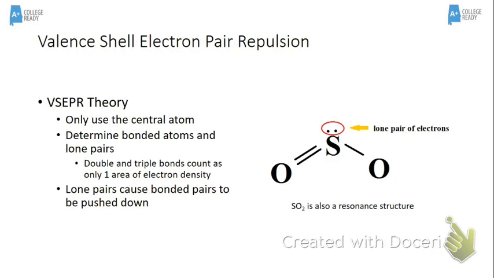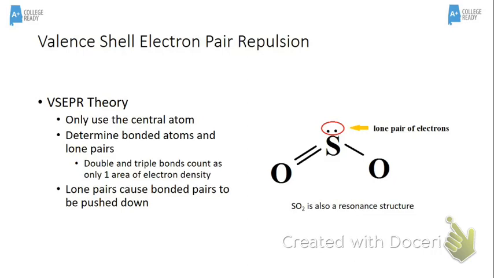Bonded atoms and lone pairs are the only things that we focus on, and we call those areas of electron density, or commonly, electron domains. So each lone pair counts as one area of electron density, or one domain.